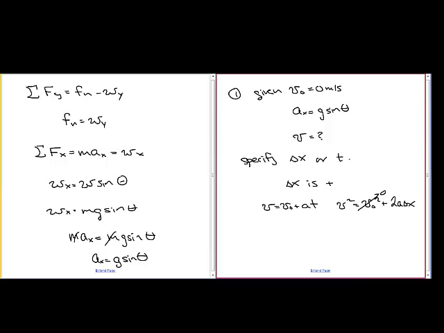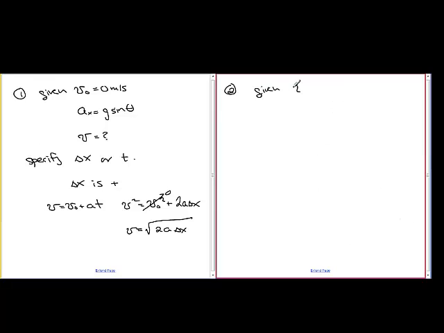So the final velocity is the square root of 2a delta x, and then you could use that velocity to calculate the time. So if you specify time, then you could use this equation to calculate v, and then you could use this equation to calculate delta x. It's either one. The second case would be that you're given some initial velocity. So you're given v0 equals some number.